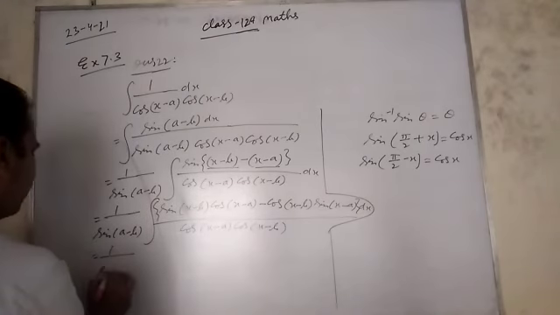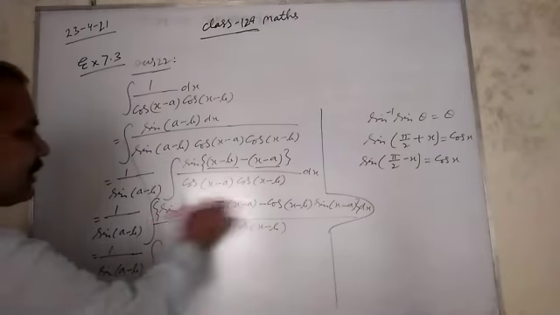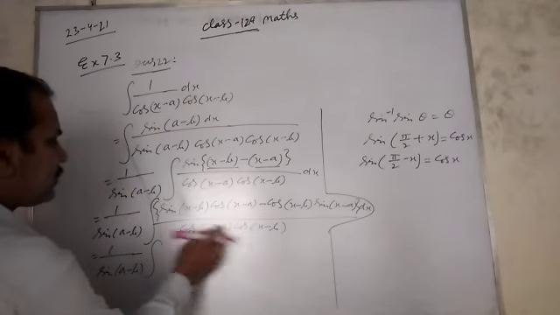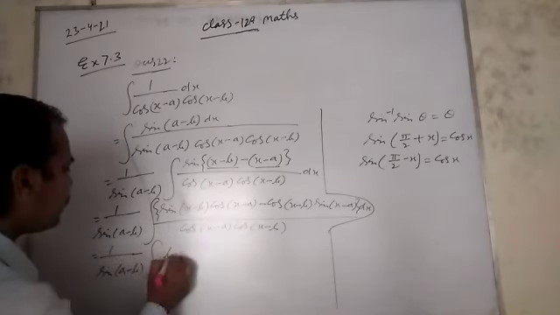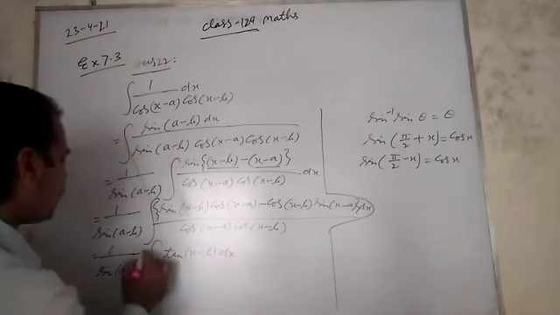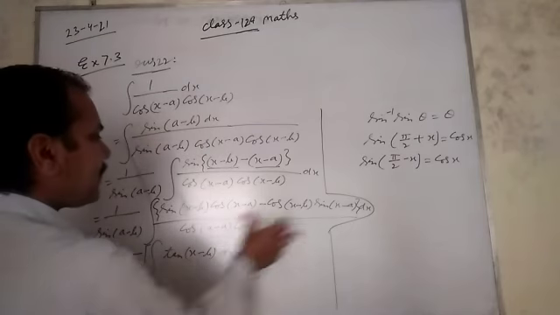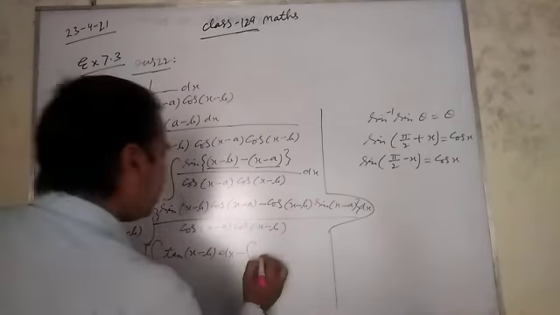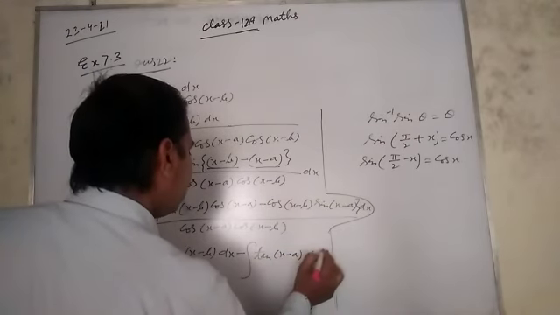So 1 upon sin(a minus b), then divide separately. If we divide this by that, cos(x minus a) cancels, so sin upon cos will be tan(x minus b) dx. Minus, then this upon that, cos(x minus b) cancels, so sin upon cos is tan(x minus a) dx.